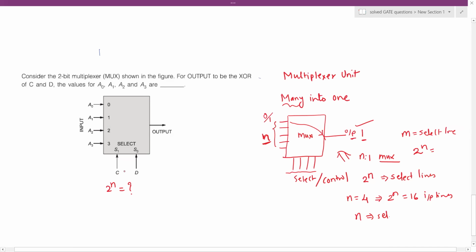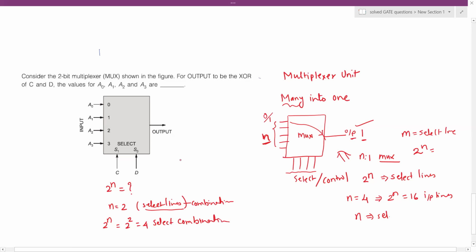And for the select lines, you have n equals 2, and therefore 2 to the power n, which is 2 to the power 2, equals 4 select line combinations.